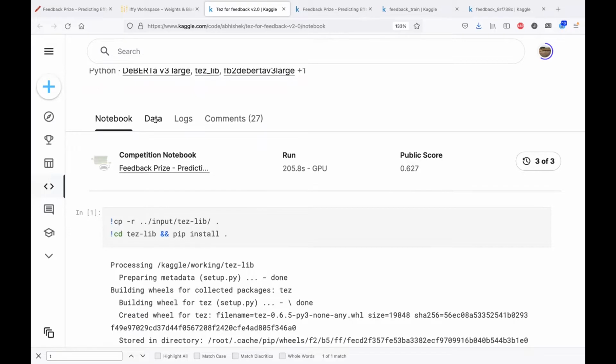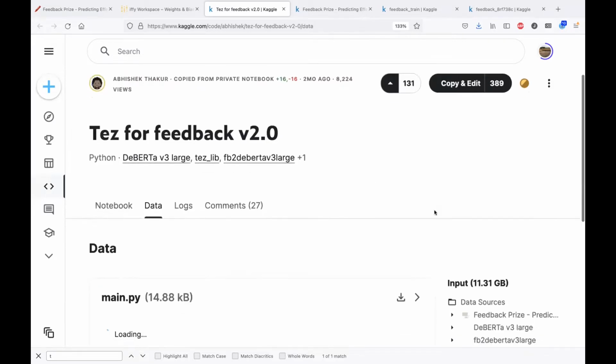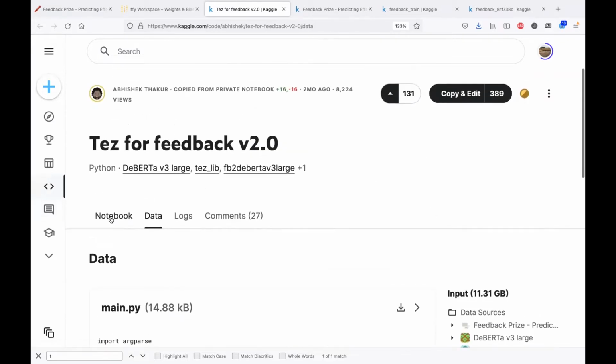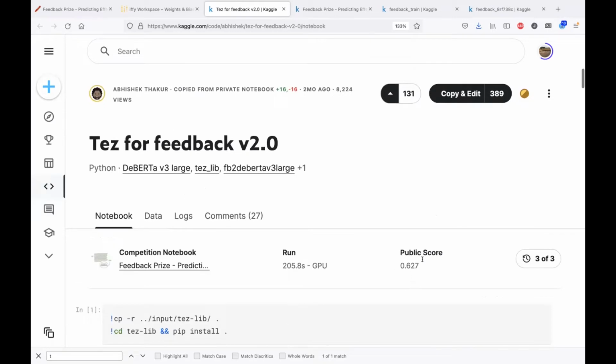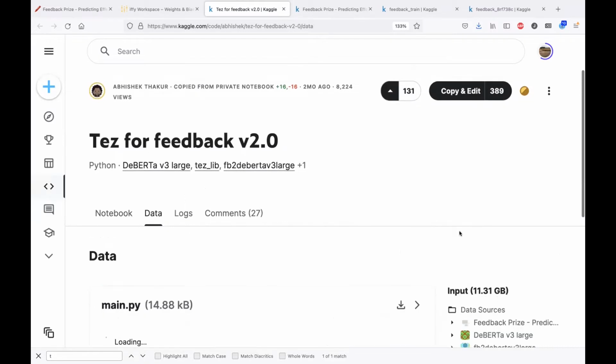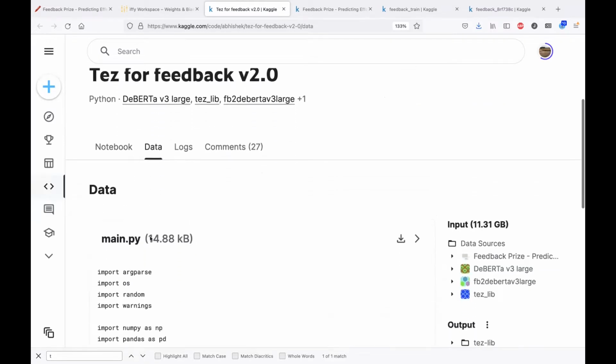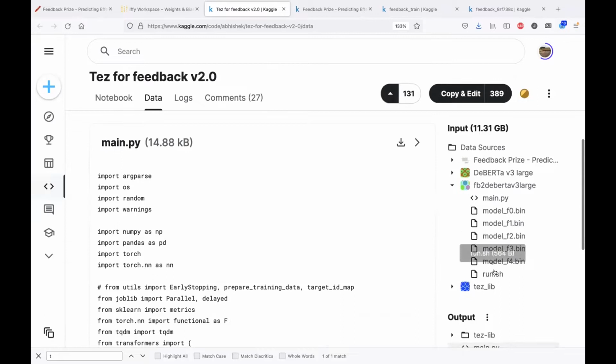If you look here, the score is 0.627, and the code is in this main.py script. And if you look here, he's got an ensemble of 5 models, I guess, from 5 folds.